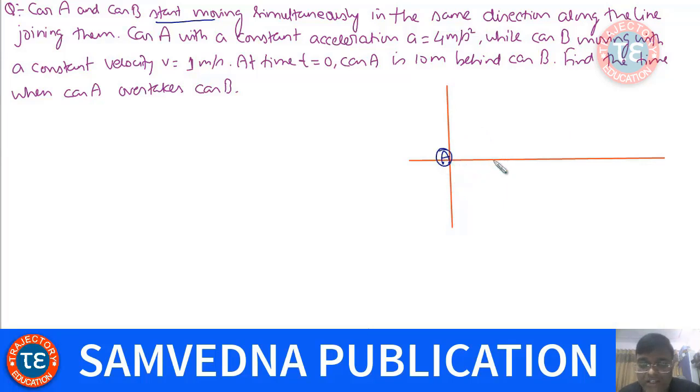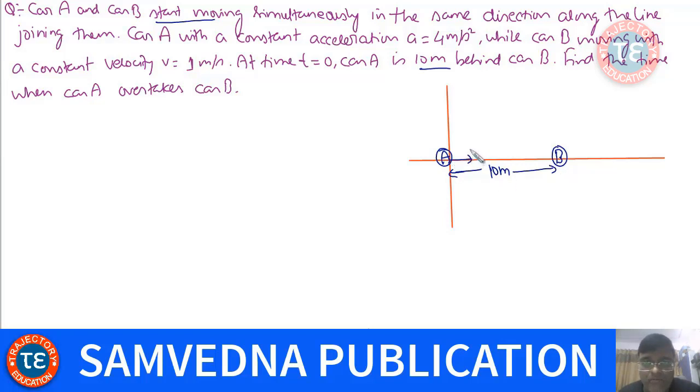Suppose car A lies here at the origin, and say car B is here. This distance is 10 meter.